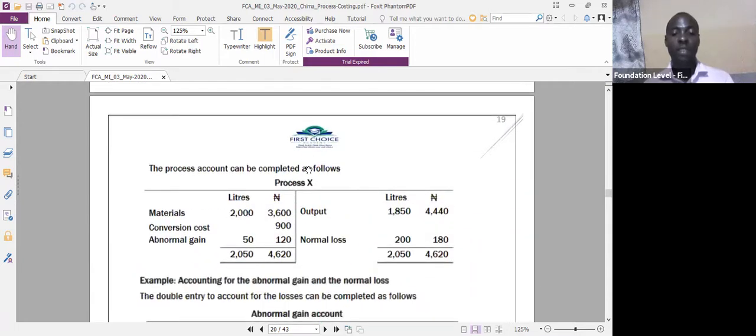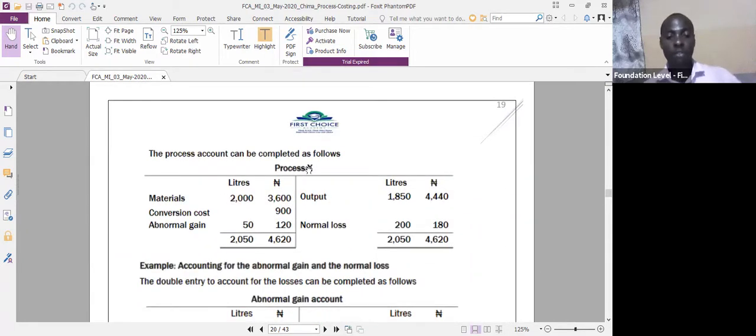This is now the process account. Material cost, no doubt about that. Conversion cost, no doubt. But the difference here is abnormal gain is 50 units at 2.4, and the good output is 1,850 at 4,440.